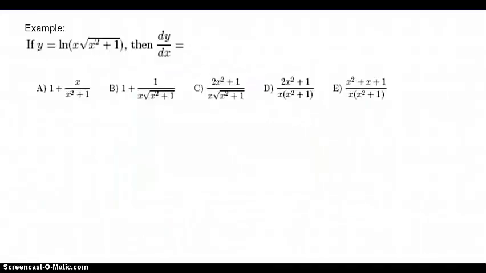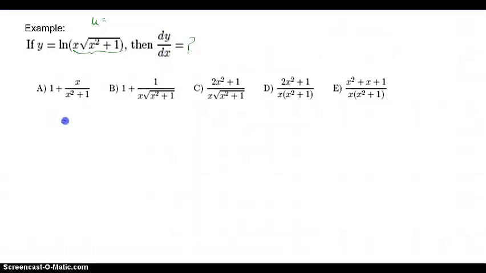Let's do a quick example here. If y equals the natural log of the expression x times the square root of the quantity x squared plus 1, then dy dx equals what? So here is a function, the natural log of u, right? And here u is that expression inside, and we want dy dx.